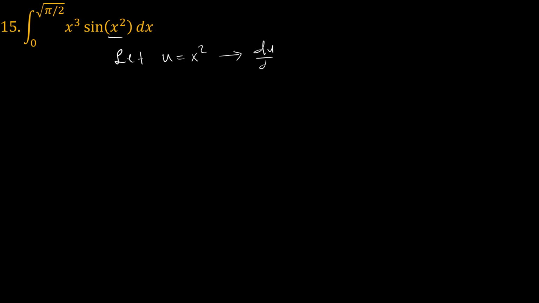Next problem number 15. We're faced with a situation where we have an x squared term under the sine function. And I think it makes more sense to just say let u be equal to x squared, such that du dx is equal to 2x, and that means a half of du can be used to substitute for x dx, right?